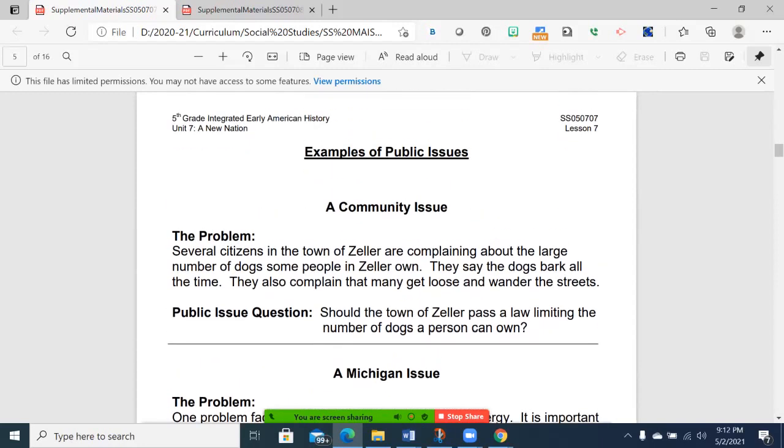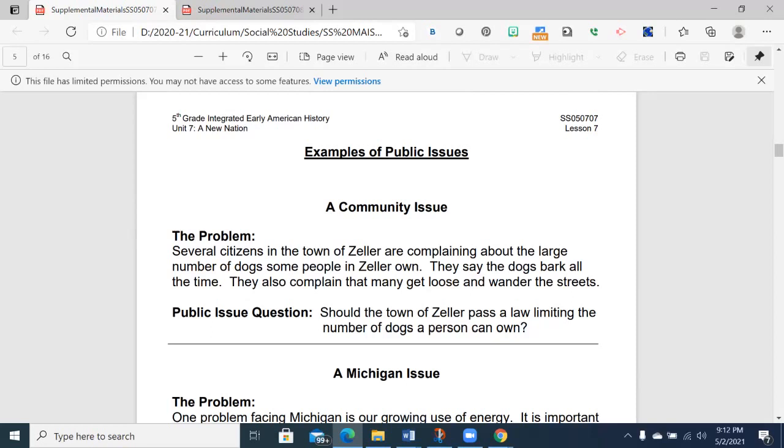We have some examples of public issues to discuss, and they can come at different scopes. One example would be a community issue. The hypothetical is several citizens of the town of Zeller are complaining about the large number of dogs some people in Zeller own. They say that dogs bark all the time. They also complain that many get loose and wander the streets.